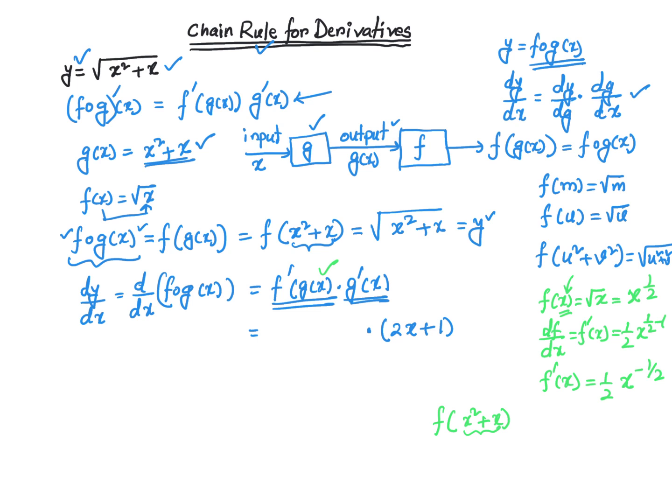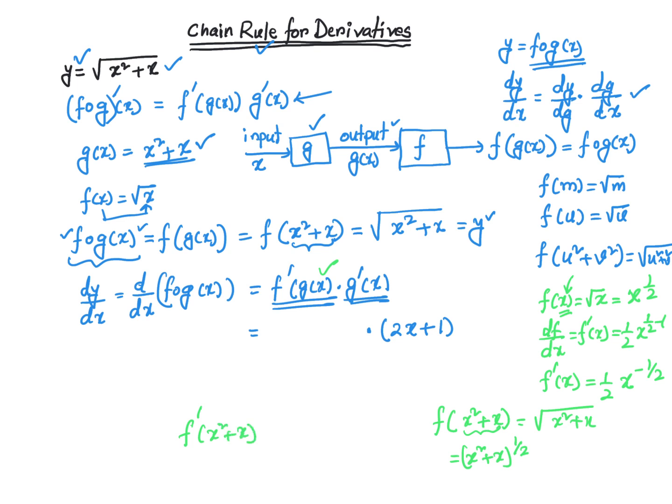Now, having said that, what is it going to be? It's going to be square root of x squared plus x, which is nothing but x squared plus x to the power 1/2. Now, if I take the derivative of this, I get f prime of x squared plus x.